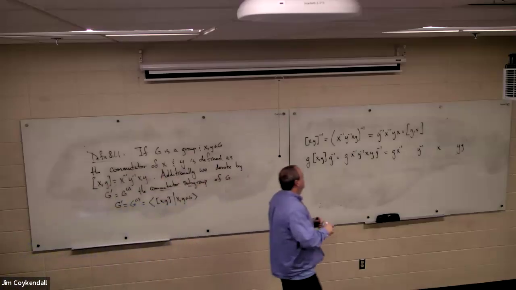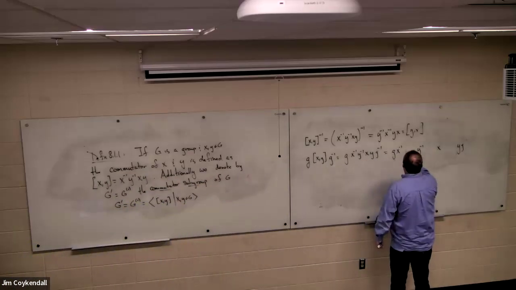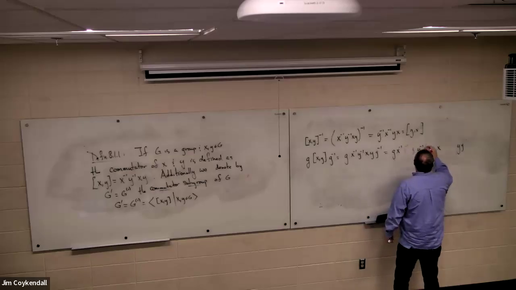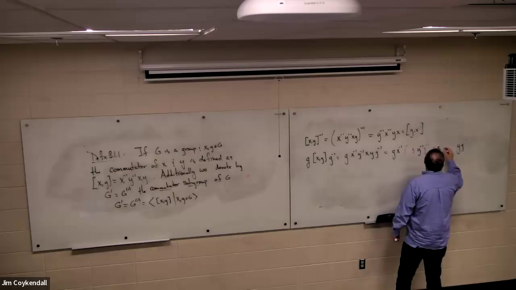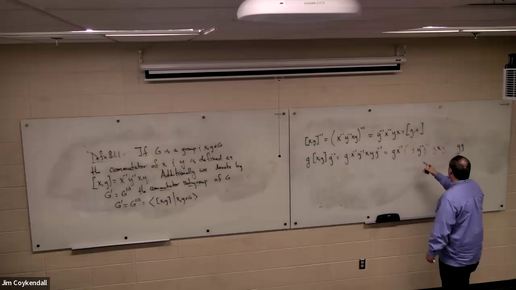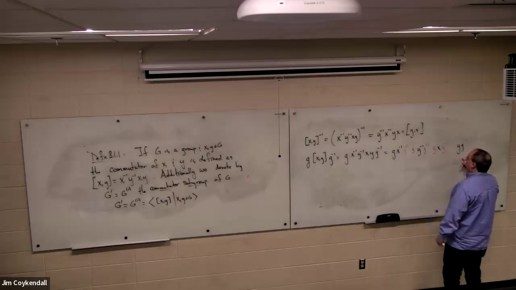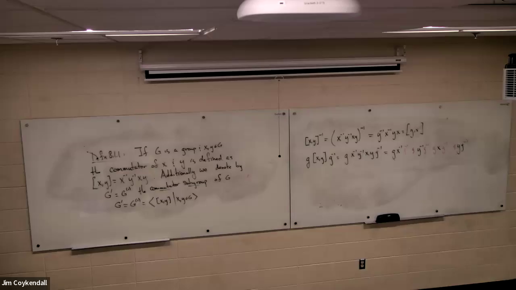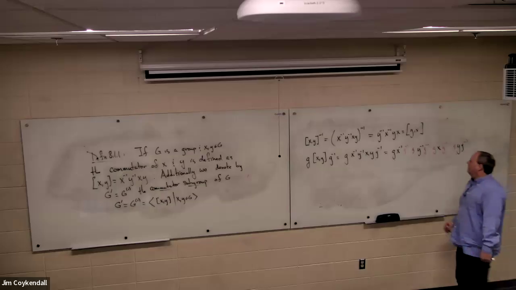See what I can do with this. G inverse, G, G inverse, G. Oh, no wonder. Which way did I do this? That should be an inverse there. There we go. So hopefully y'all see what I did. I just shoved a g inverse g in between the cracks here.